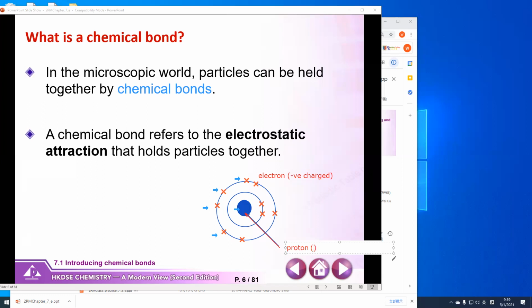咁呢啲應該大家學咗好耐㗎啦，係咪？Positive charged. Positive charge.